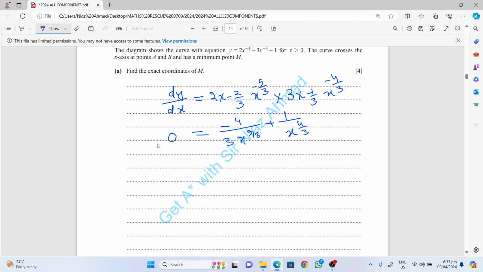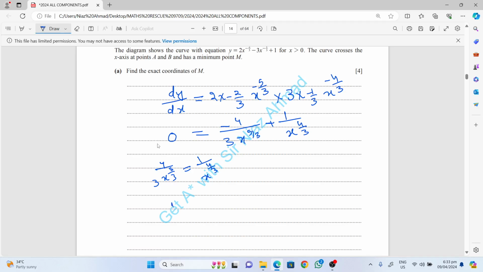So if I bring this term to the other side, this is 4 by 3 x to the power 5 by 3 equals 1 over x to the power 4 by 3.